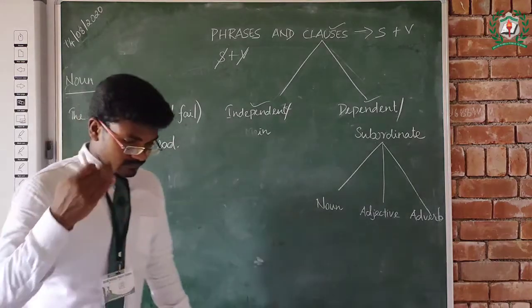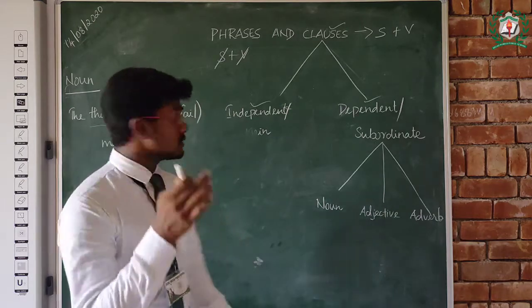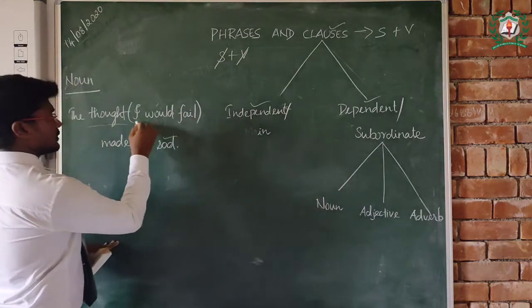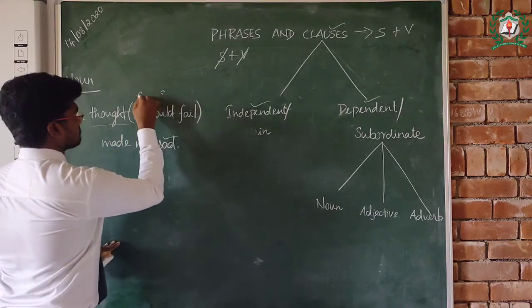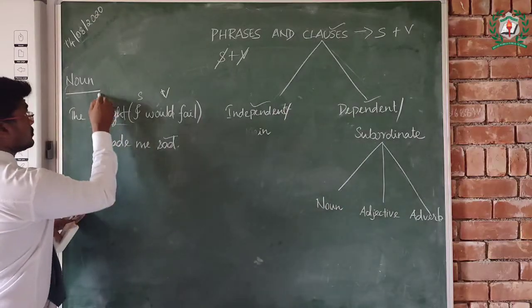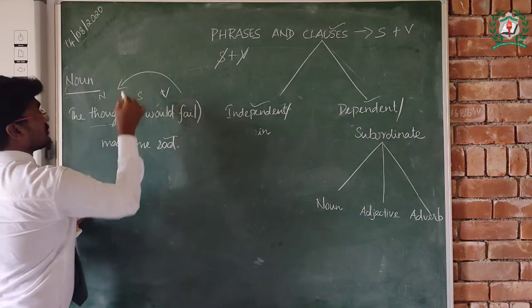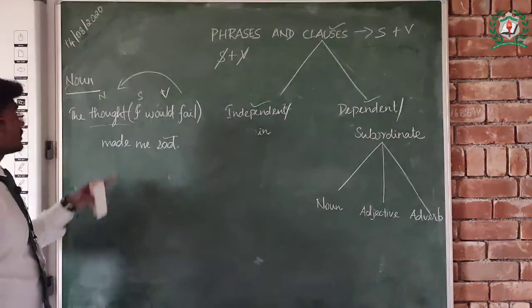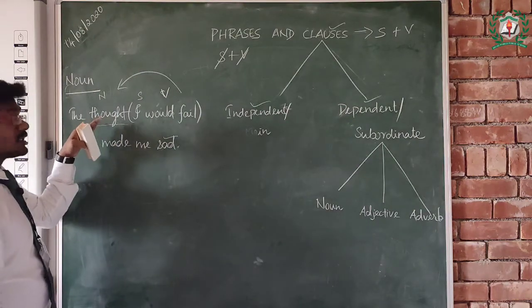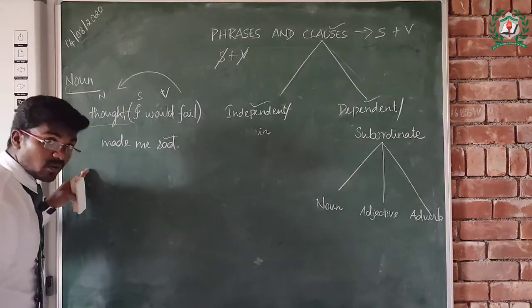What is the thinking? That I will fail, and becoming sad. So here subject is there and verb is there. This clause gives the additional meaning to the thought, and it supports the thought, or noun.